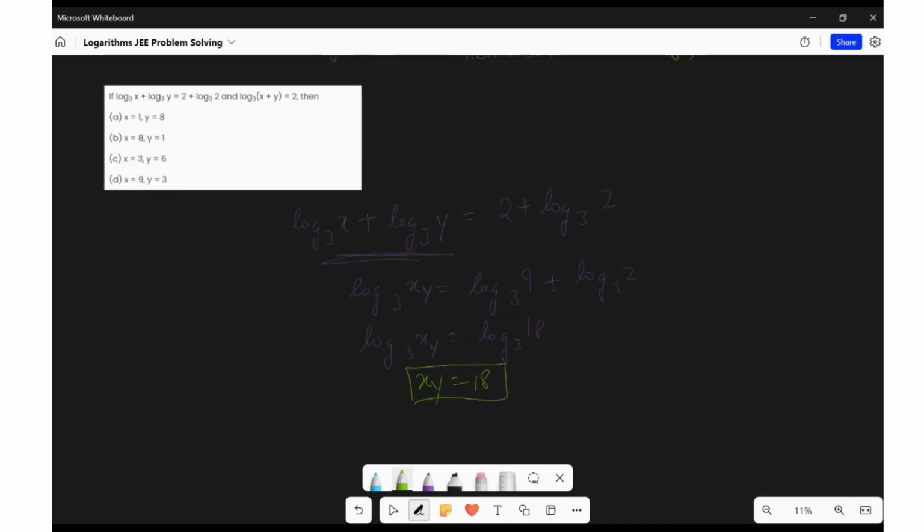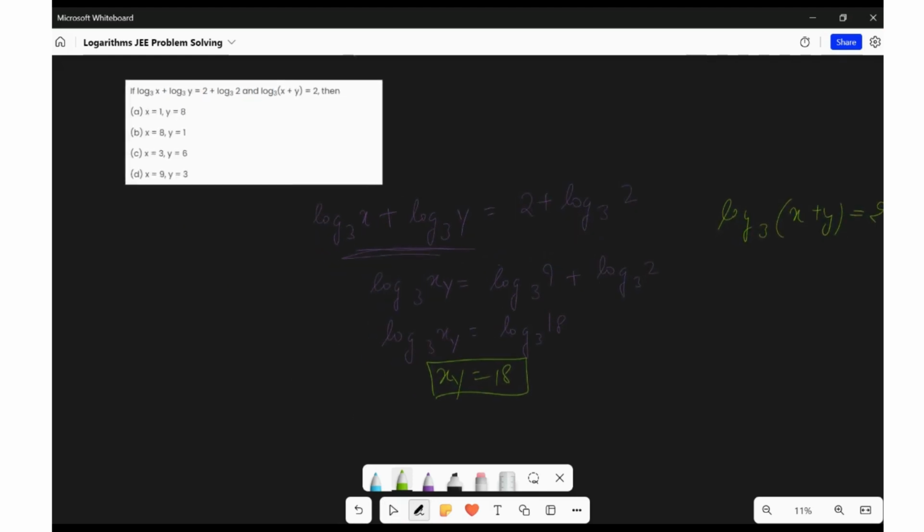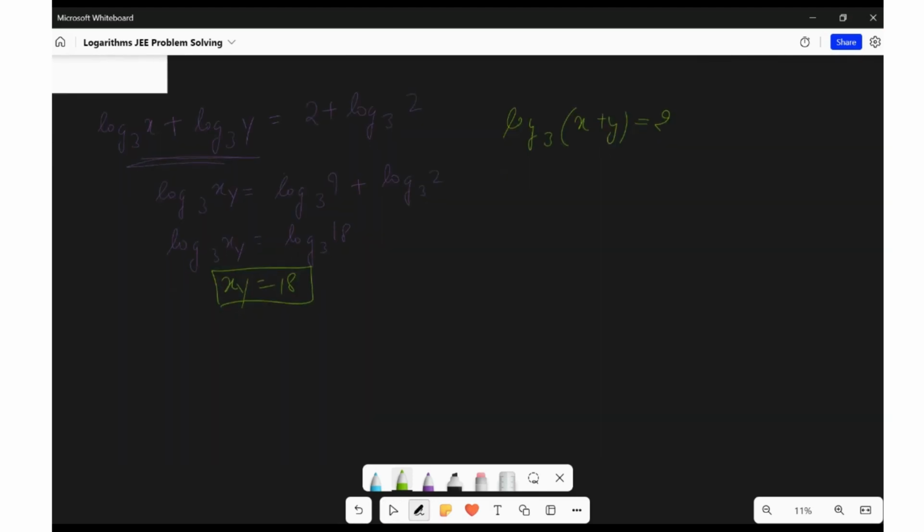And what else do we have as information? That log of x plus y base 3 is 2. Then we need to find the values of x and y. Now log of x plus y base 3 is log 9 base 3. So x plus y has to be 9.